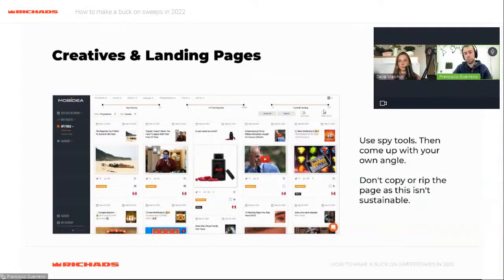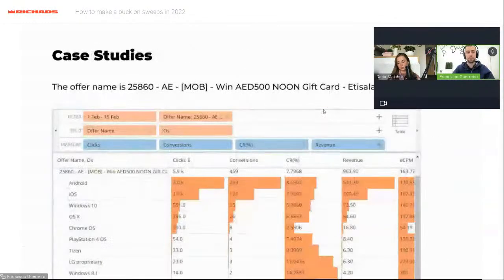Because even if they copy from you, and they will do it because they are also using spy tools, once you stop using a landing page and you create another one, they are not ahead of you. You have some time where you have the best traffic and the best performance, and staying ahead of the competition is half of this work, because not every campaign lasts forever, and you need an edge on the competition in order to stay profitable more time than they are.